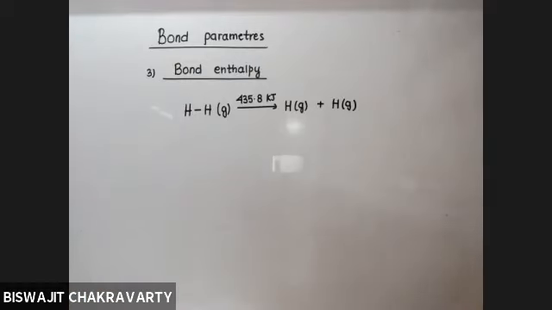The bond is strong or the bond is weak? Strong. Because the more energy you require, it means that you need to break stronger bonds. So by making use of the bond enthalpy values, one can also make out the strength of the bond. The greater the strength of the bond, the more will be the bond enthalpy.